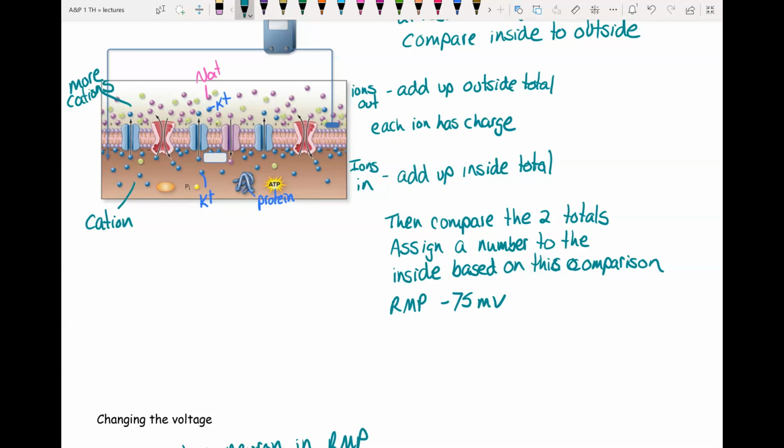So even though the inside has cations, it's negative 75 because it has 75 fewer than the outside does. And that's how you calculate the voltages for the neuron. You compare the inside to the outside, and the difference between them, which can be positive or negative, is the voltage you assign to the inside.